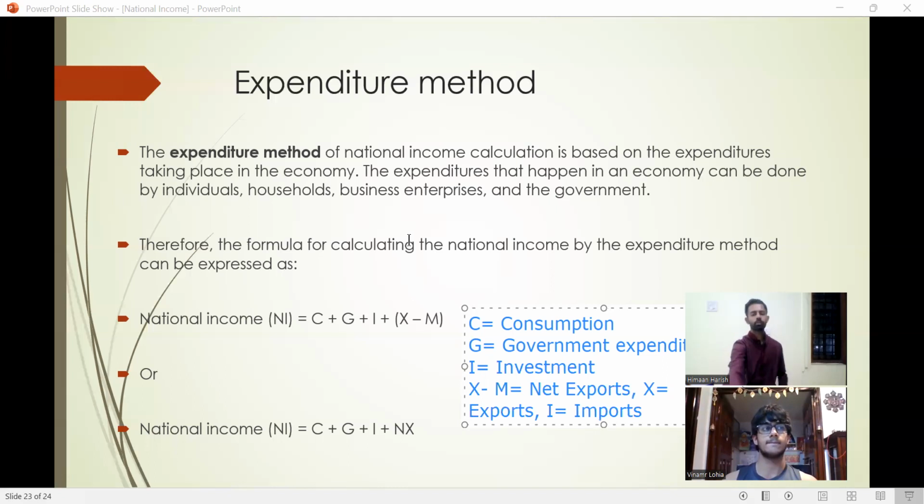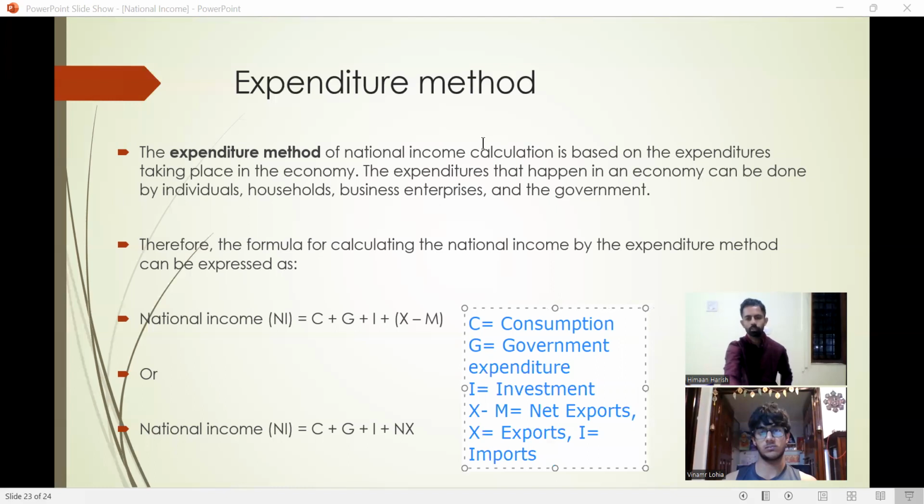This formula is very similar to the aggregate demand formula, AD equals C plus G plus I plus net X. So the expenditure method of national income is the same as the aggregate demand.